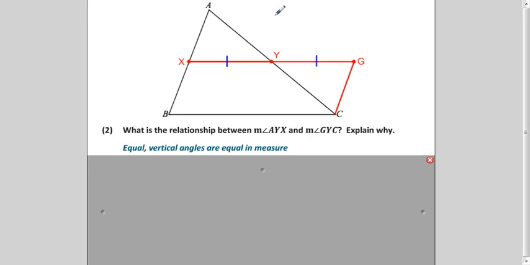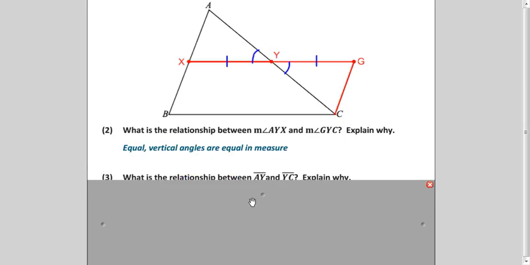So you can label our diagram, show they're congruent. And what about AY and YC? Well, you know Y is a midpoint by how we made this, so you know that AY and YC are equal. Those are congruent pieces.